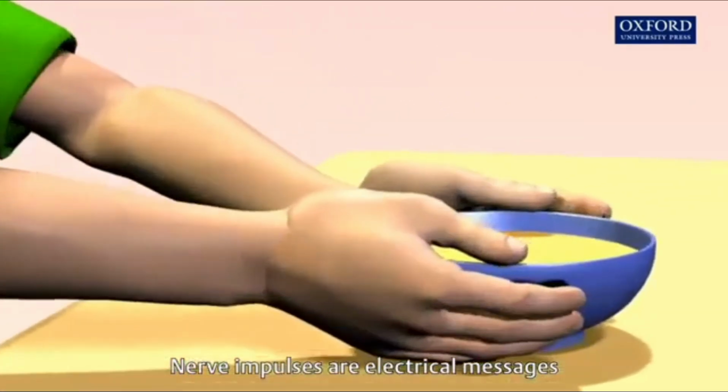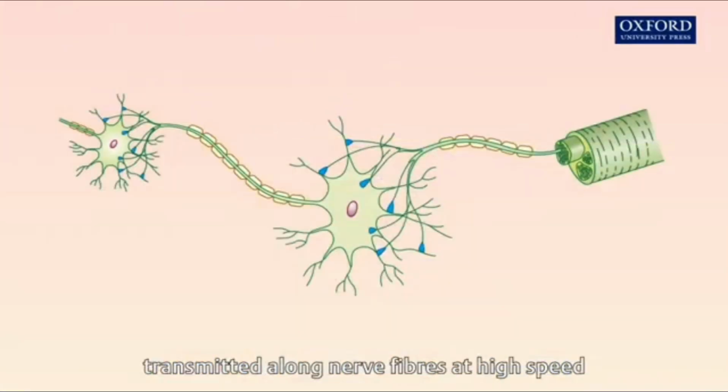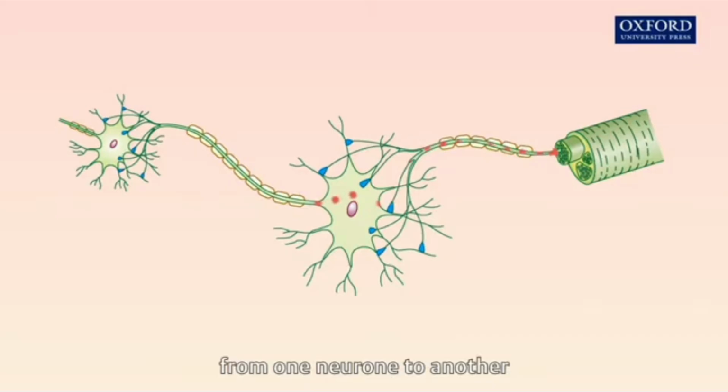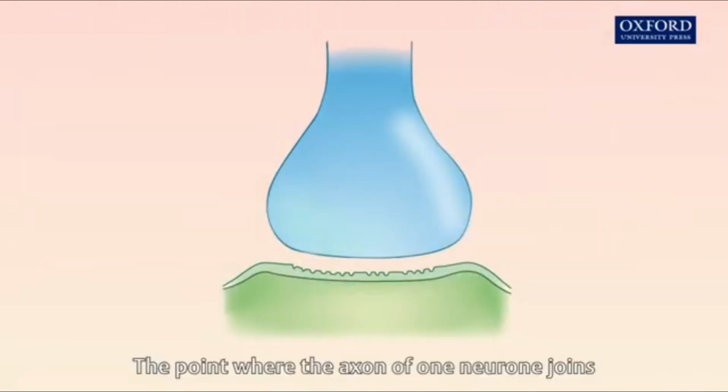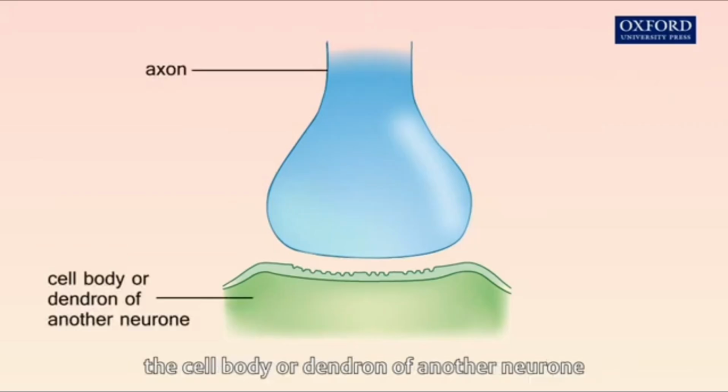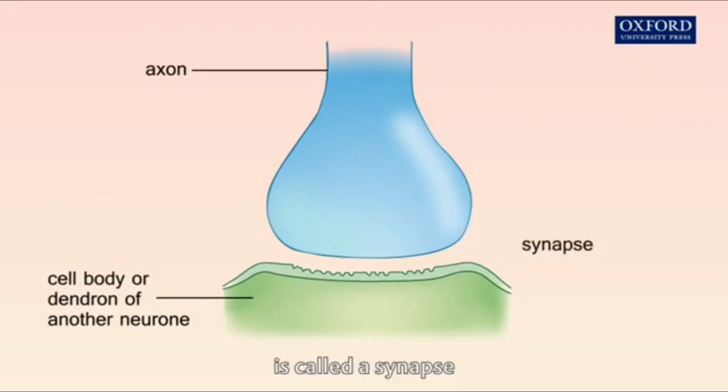Nerve impulses are electrical messages transmitted along nerve fibers at high speed. However, nerve impulses cannot travel directly from one neuron to another. Let's see how nerve impulses are transmitted between neurons. The point where the axon of one neuron joins the cell body or dendron of another neuron is called a synapse.